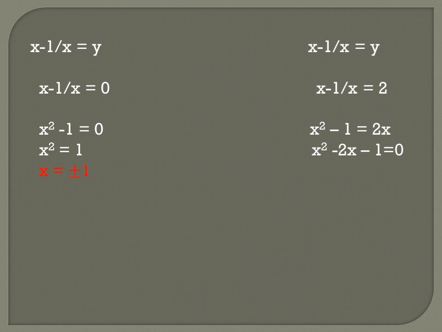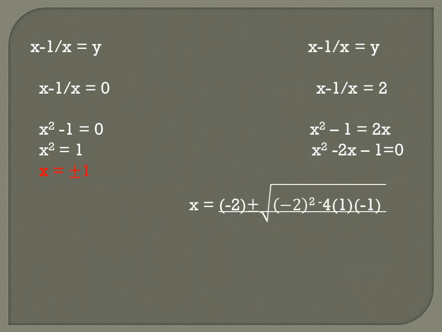The value of a is 1, the value of b is minus 2, and c is equal to minus 1. So by using the quadratic formula, we can write x equal to minus of minus 2 plus minus under root of minus 2 whole square minus 4 into 1 into minus 1, over 2 into 1.